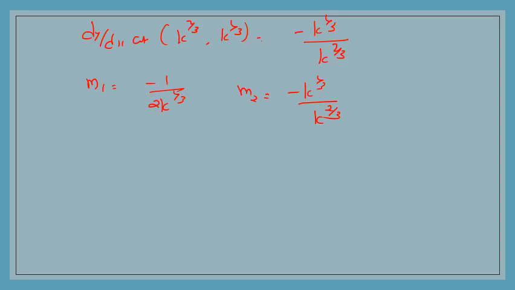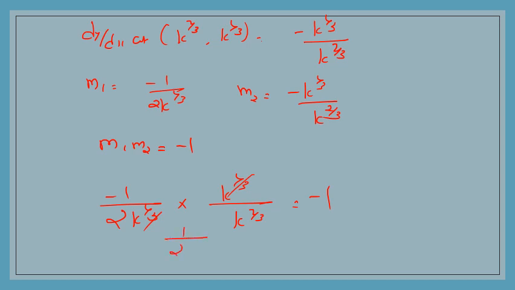Now, since the tangents are perpendicular, m1 m2 is equal to what? Minus 1. So 1 by 2 k raised to 1 by 3 into minus k raised to 1 by 3 by k raised to 2 by 3 is equal to minus 1. So k raised to 1 by 3 and k raised to 1 by 3 cancel. So you are getting 1 by 2 k raised to 2 by 3 is equal to 1.